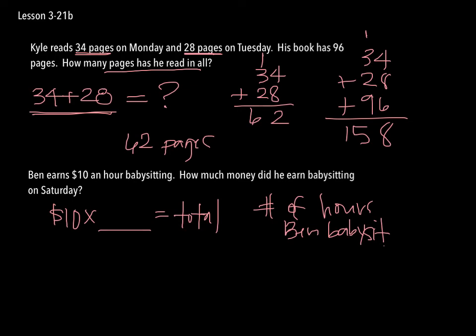We have to make sure that we have the information we need to solve the problem. And if we have the information, we have to make sure we are using the right information, because sometimes they will throw in what's called extra information to trip us up. I know it's kind of mean, it's kind of evil, but sometimes that's what happens.